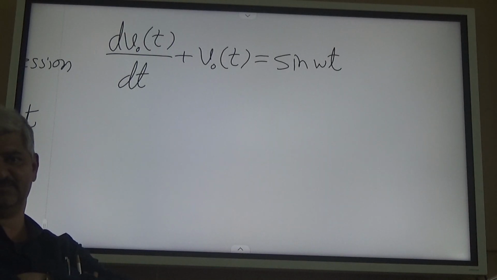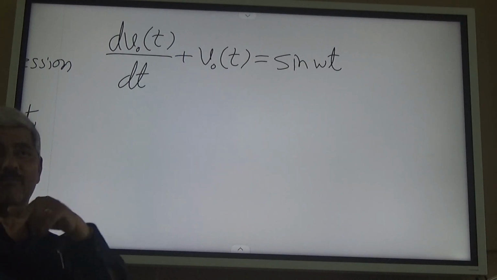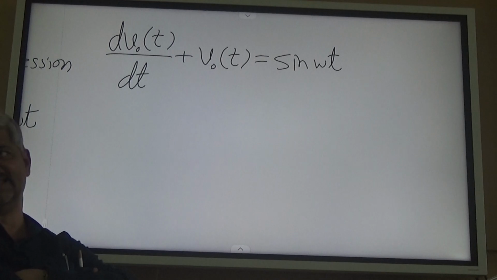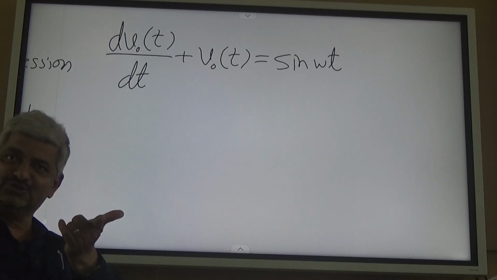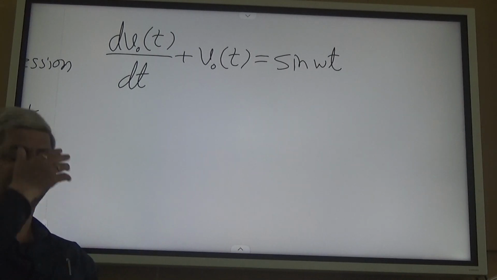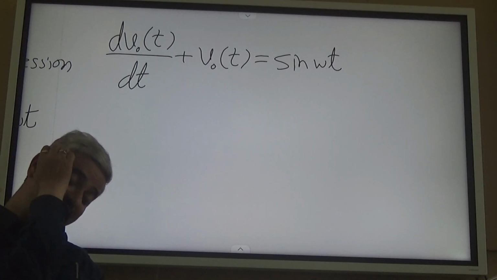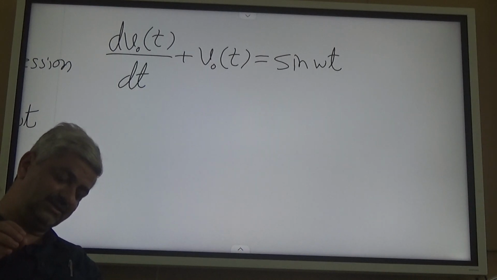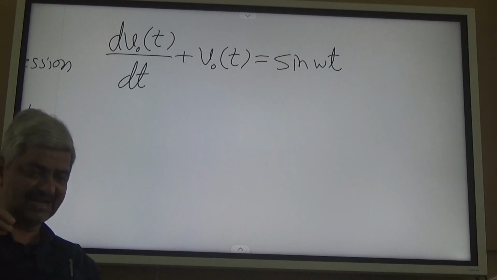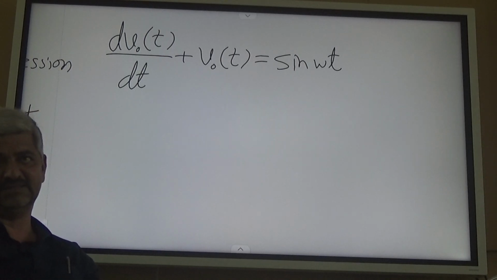Cos omega. Right? It is omega cos omega t. Differentiation of cos omega t is minus omega sine omega t. So it is all again a sinusoid of the same frequency. So a sinusoid played around either in differential form or in direct form, and scaled and added together, results in a sinusoid of the same frequency.